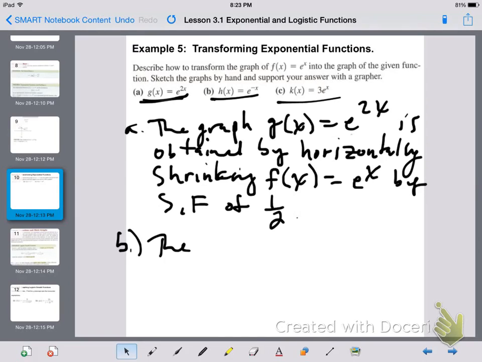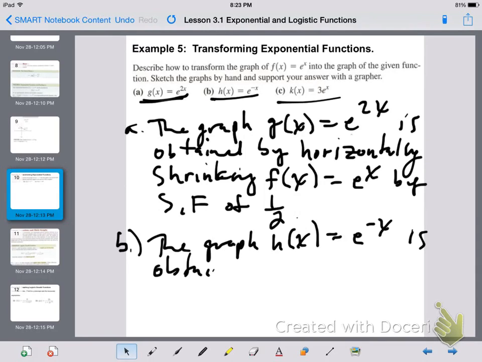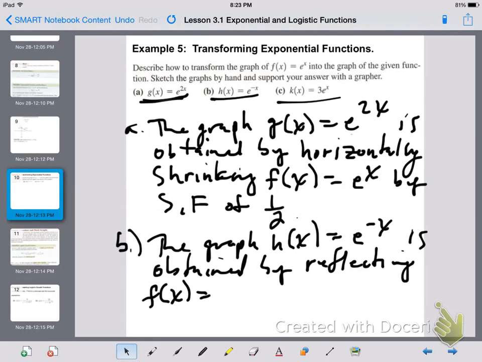So the graph h of x equaling e raised to the negative x is obtained by reflecting f of x equaling e to the x across the y-axis. Alright, and then I'm going to get rid of this.